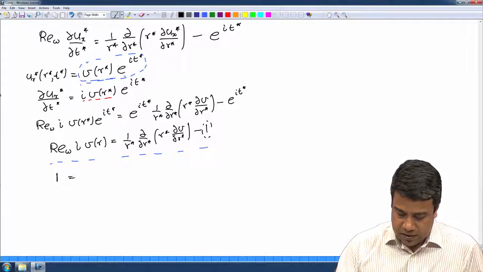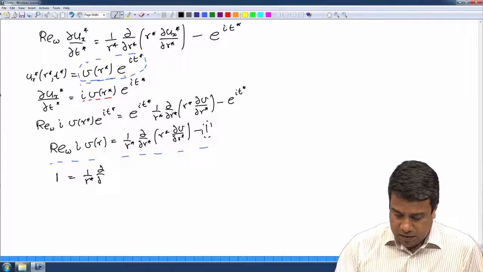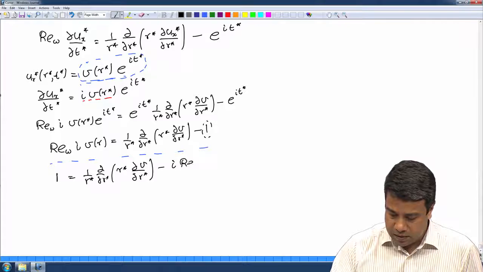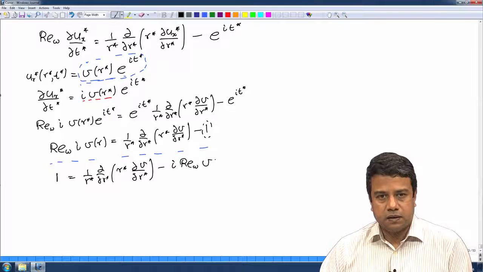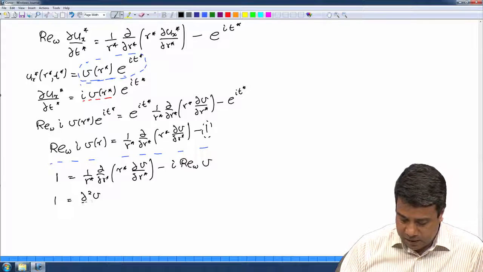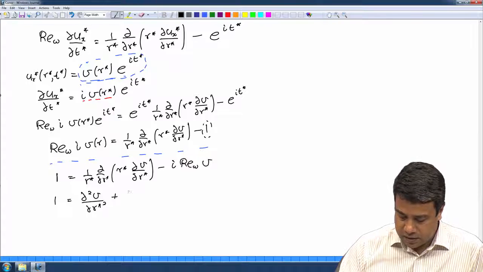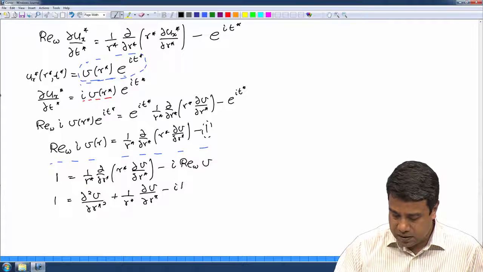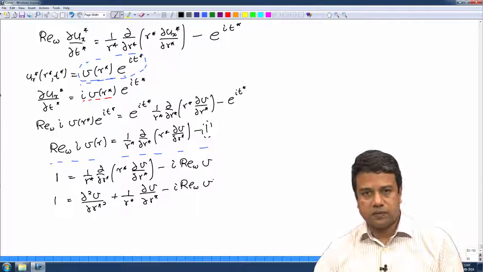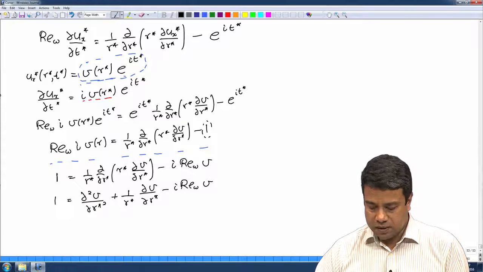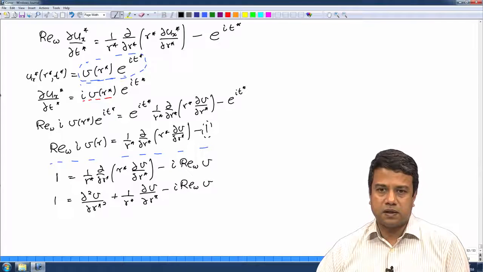I will get 1 is equal to 1 by r d by dr of r dV by dr, minus i r Re omega V. Or my equation becomes 1 is equal to d square V by dr square plus 1 by r dV by dr, minus i Re omega V. This is an inhomogeneous equation, a linear inhomogeneous equation for the solution V.